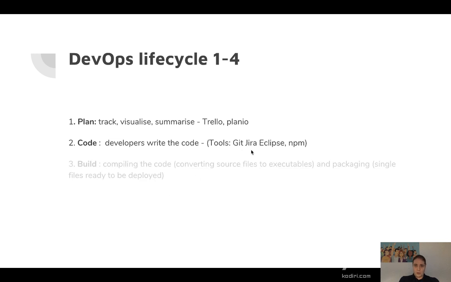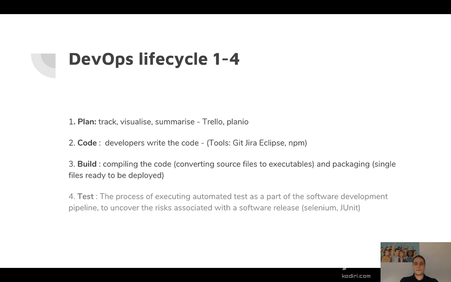The tools are Jira, Eclipse, NPM, and then the build. It is about compiling the code and packaging. Compiling is converting source files to executables, and packaging is preparing single files ready to be deployed.